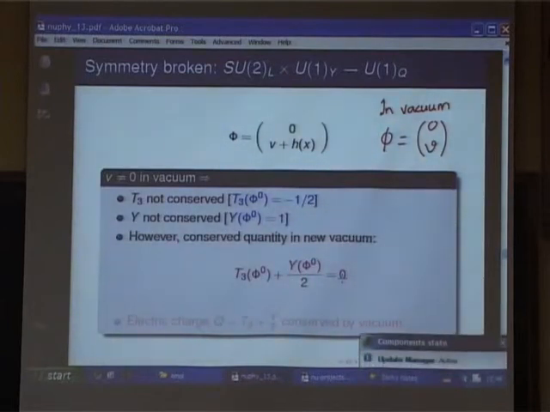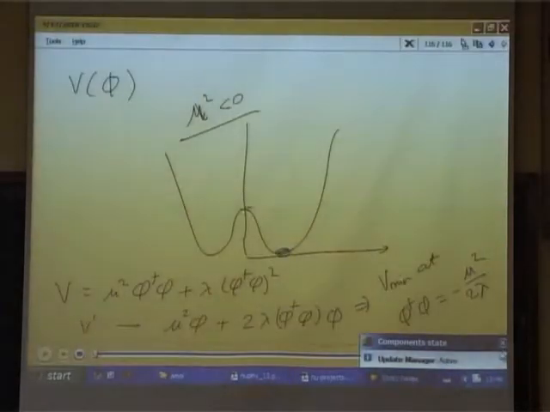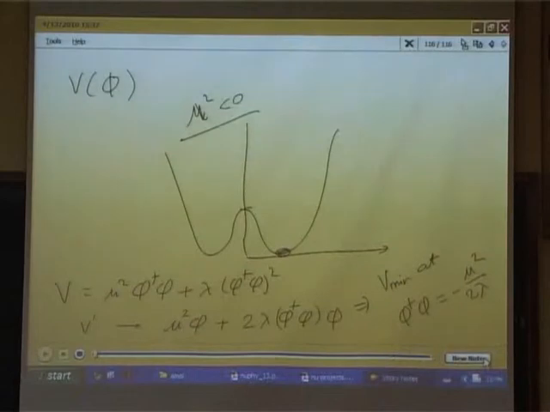So what have we done? The Lagrangian does not break SU2 cross U1.